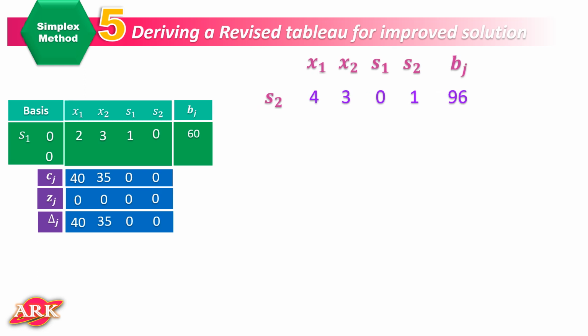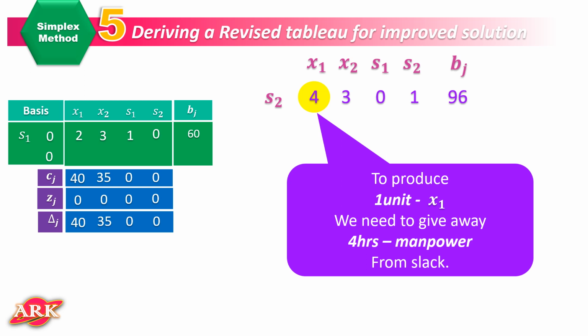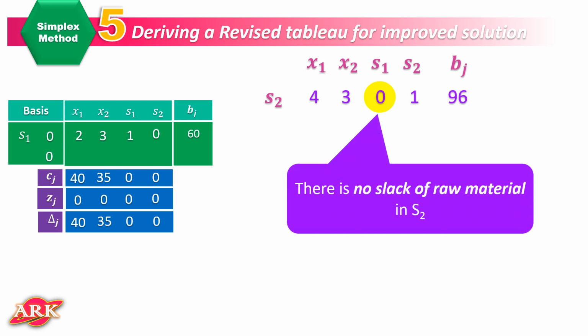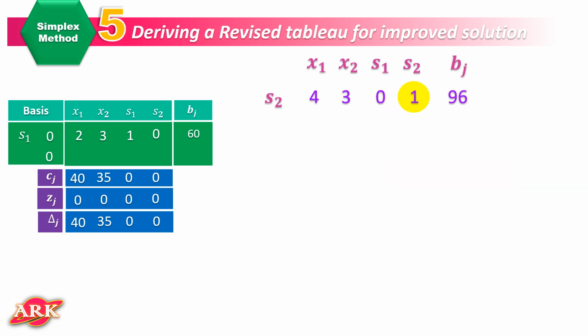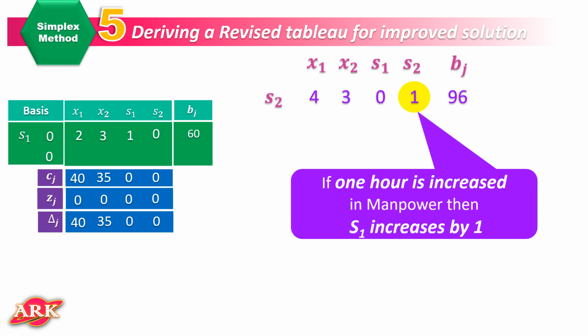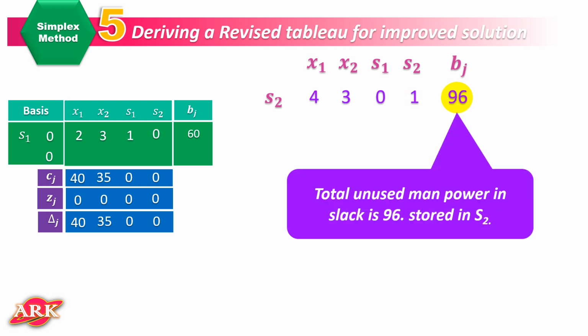Now we have taken the key row, and let's understand what these elements are representing in reality. 4 represents that to produce 1 unit of X1, we need to give away 4 hours of manpower from slack S2. 3 represents that to produce 1 unit of X2, we need to give away 3 hours of manpower from slack S2. 0 represents there is no slack of raw material in S2. 1 represents that if 1 hour is increased in manpower, then S2 increases by 1. 96 represents the total unused manpower in the slack, that is 96 hours, which is stored in S2.